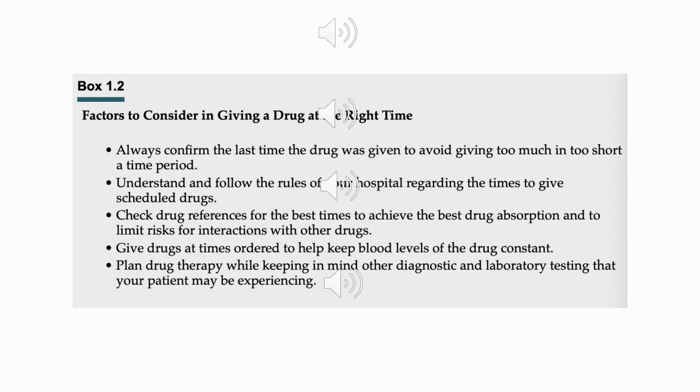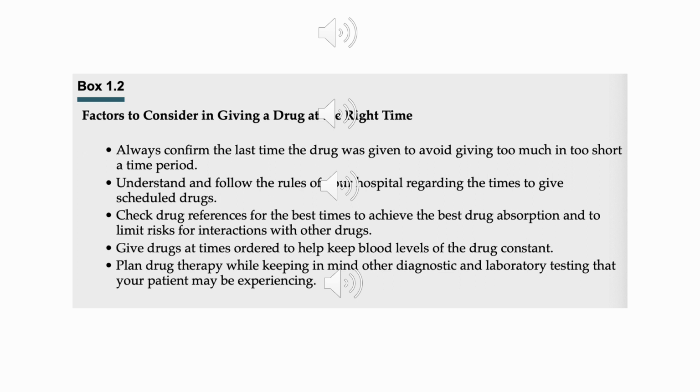Factors to consider in giving a drug at the right time. Always confirm the last time the drug was given to avoid giving too much in too short a time period. Understand and follow the rules of your hospital regarding the times to give scheduled drugs.